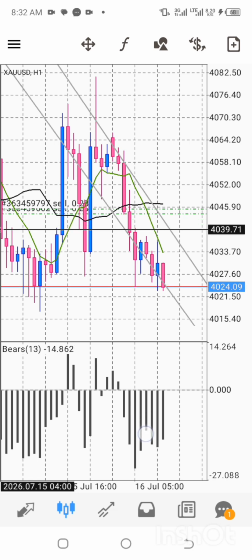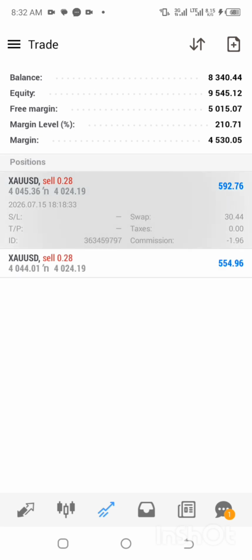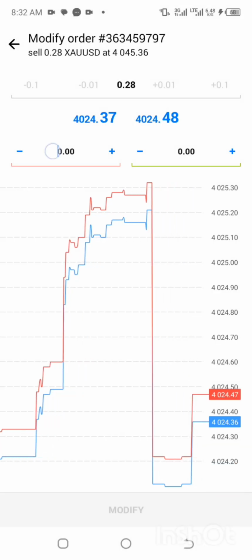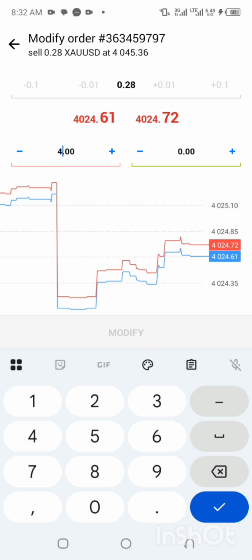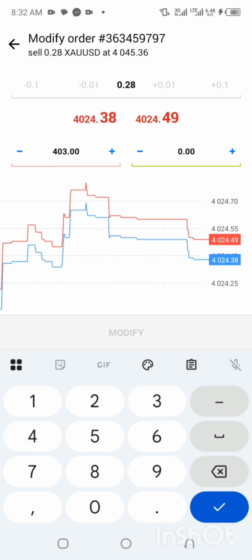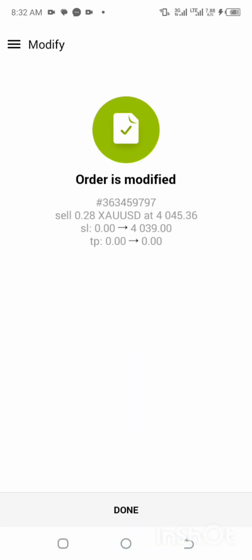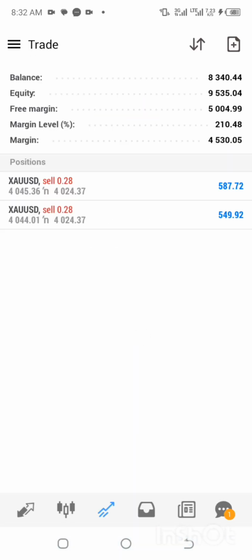Let's put it here, 40.39. So we come here, modify, and type 40.39. This is where we want to put it. Just hit modify. Fine, that's the first one.